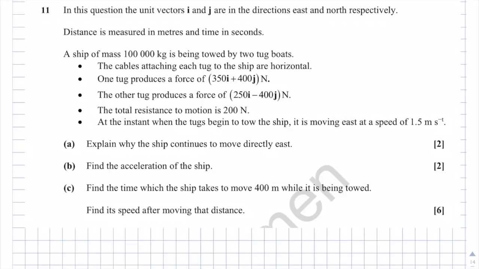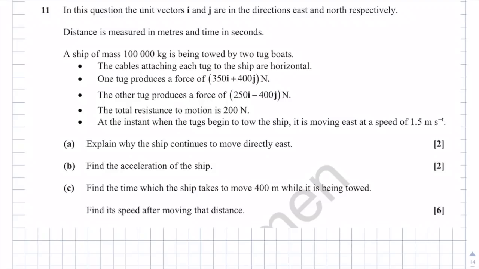The other tug produces a force of 250i minus 400j newtons. The total resistance to motion is 200 newtons. At the instant when the tugs begin to tow the ship, it is moving east at a speed of 1.5 meters per second. Part A says explain why the ship continues to move directly east.